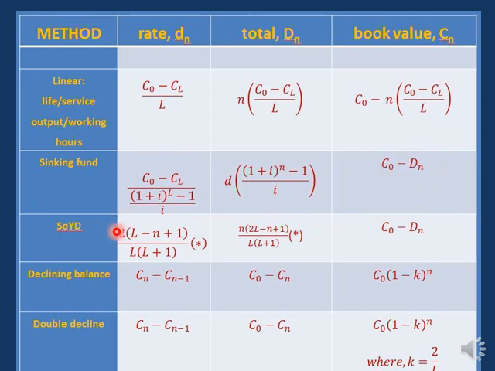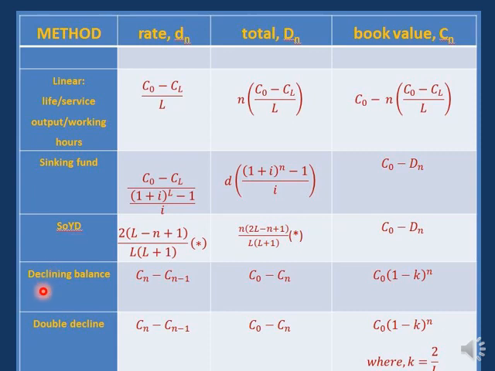For the sum of years digit, we have this formula. Well, you may refer to our formula handout to determine what is meant by this asterisk here. Anyway, you can use the principle in order to compute the depreciation using the sum of years digit.